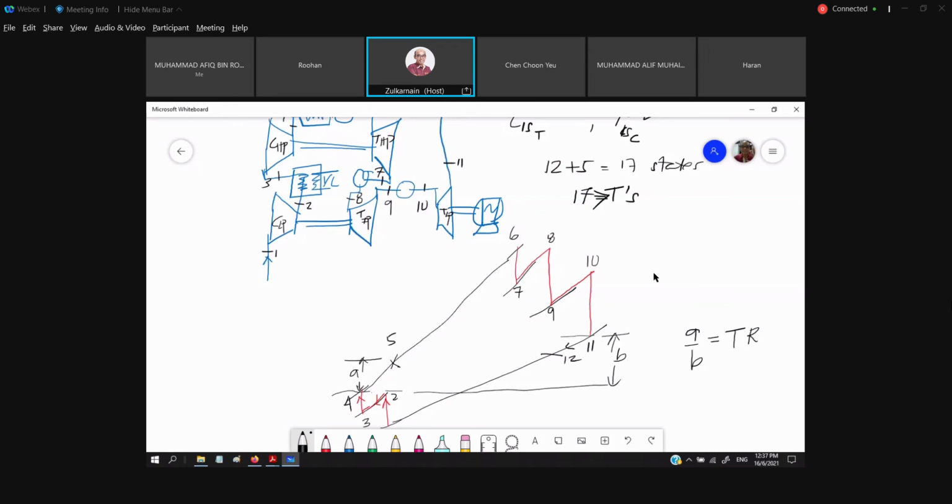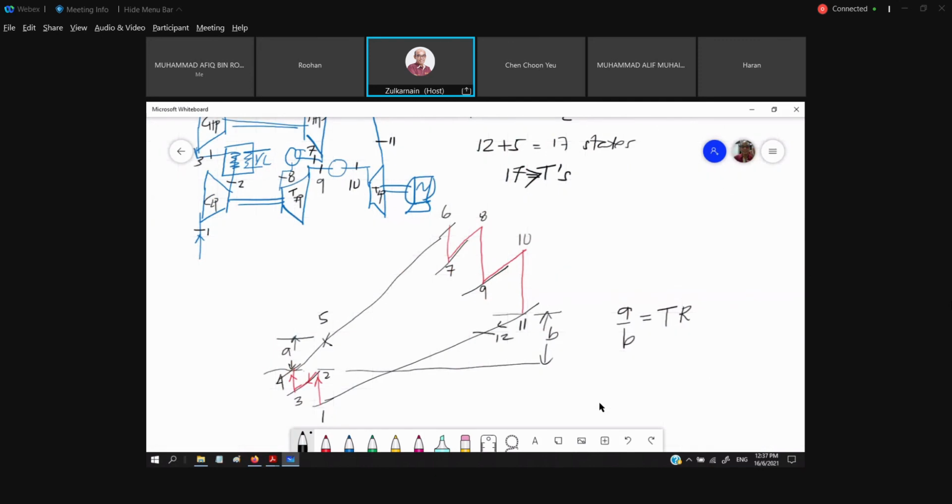Okay, and then to get T5, we need to get from this thermal ratio what A is. A is T5 minus T4, divided by B. B is T11 minus T4.